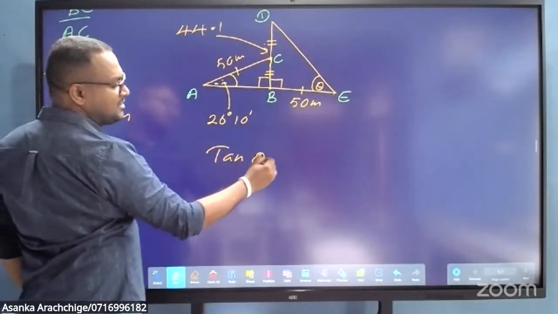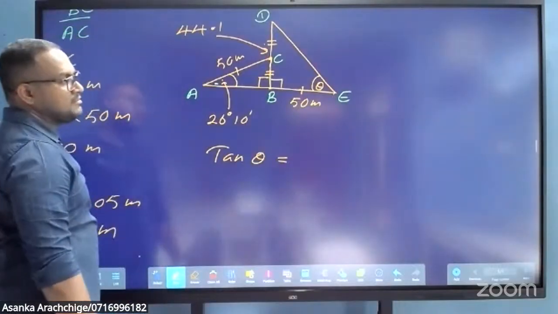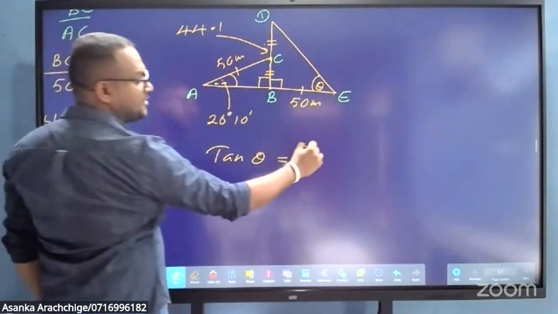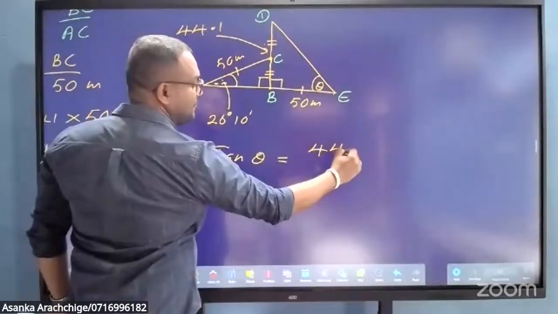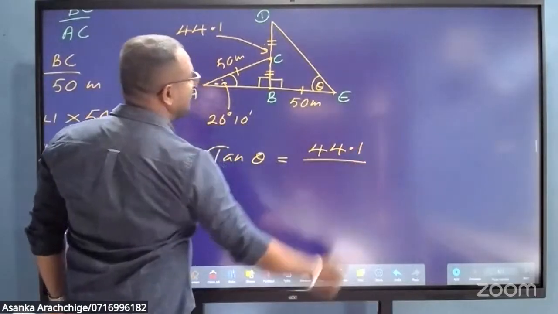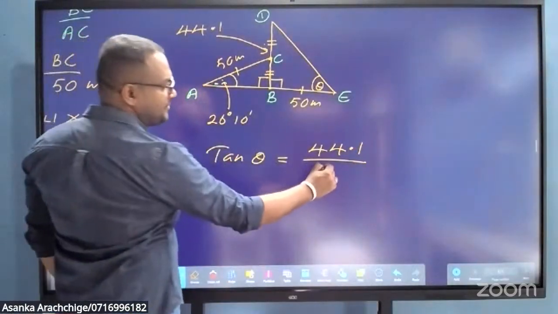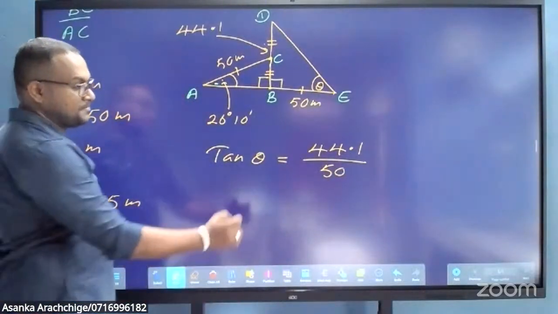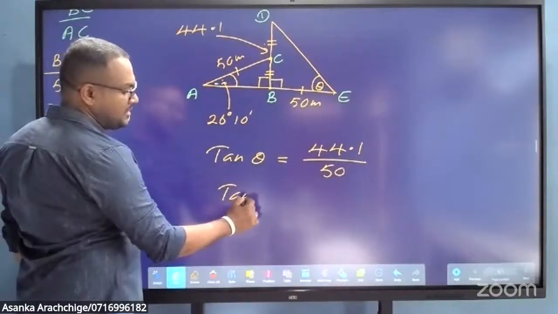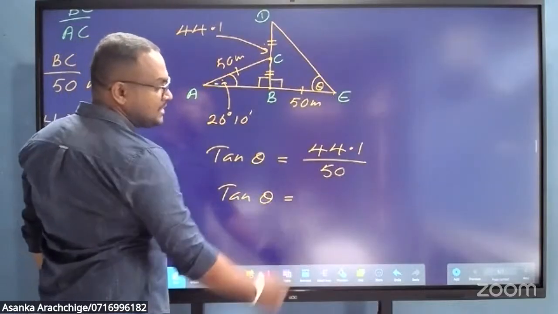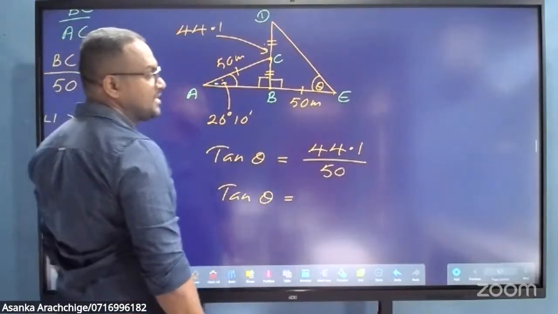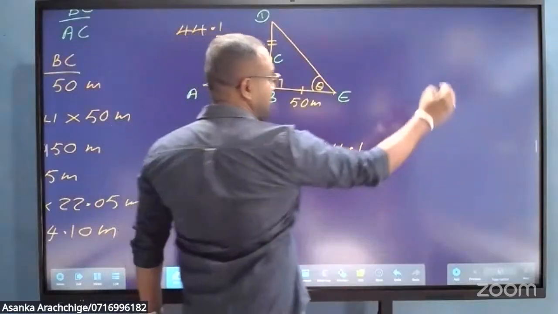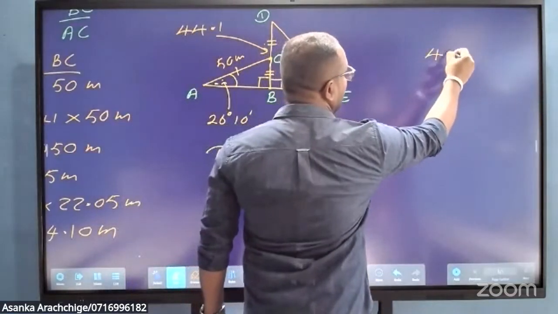Then tan theta is equal to opposite 44.1 divided by 50. Is this clear?